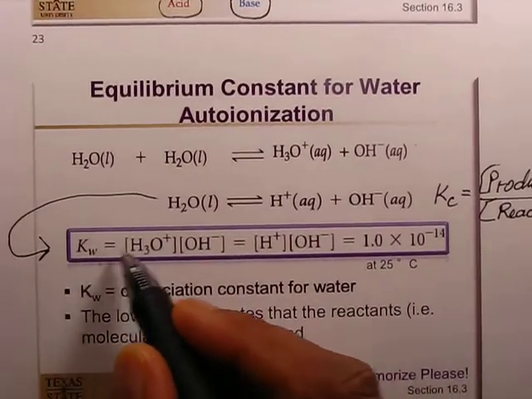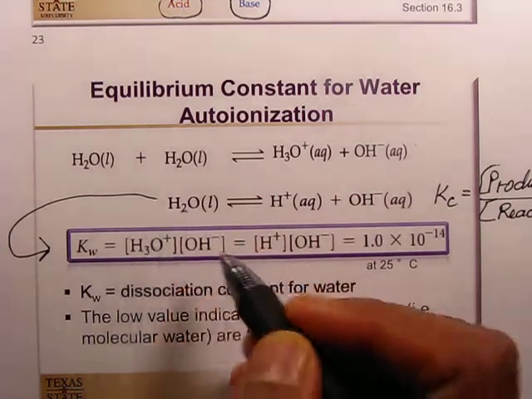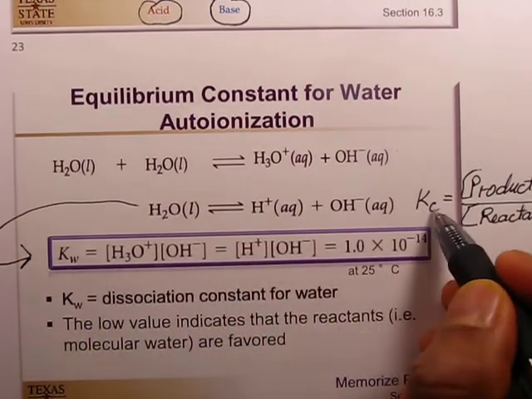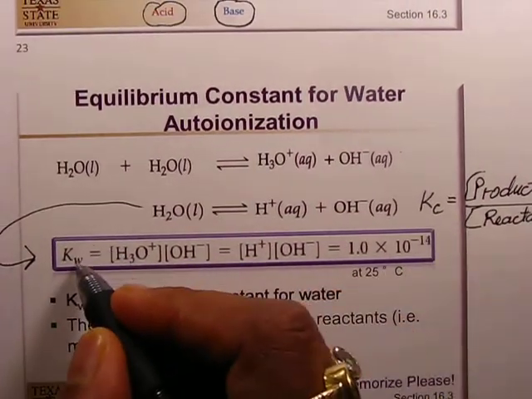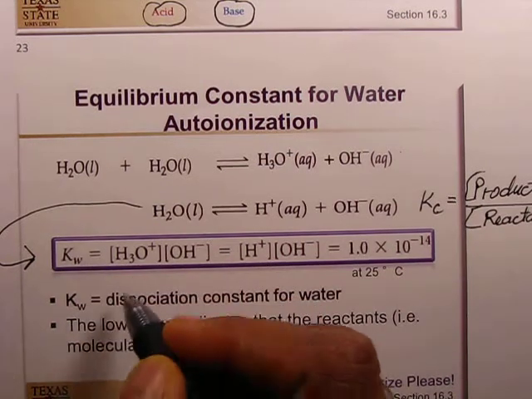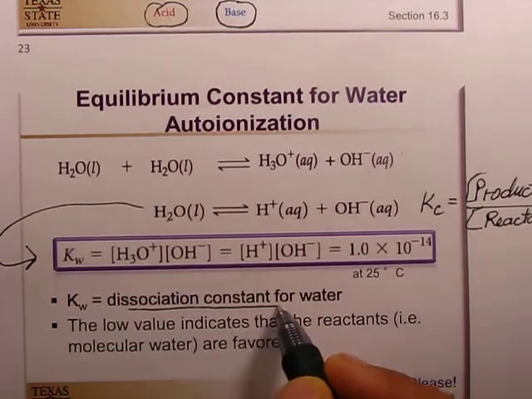So for this water reaction, rather than Kc, we are writing Kw. So Kw is the dissociation constant for water.